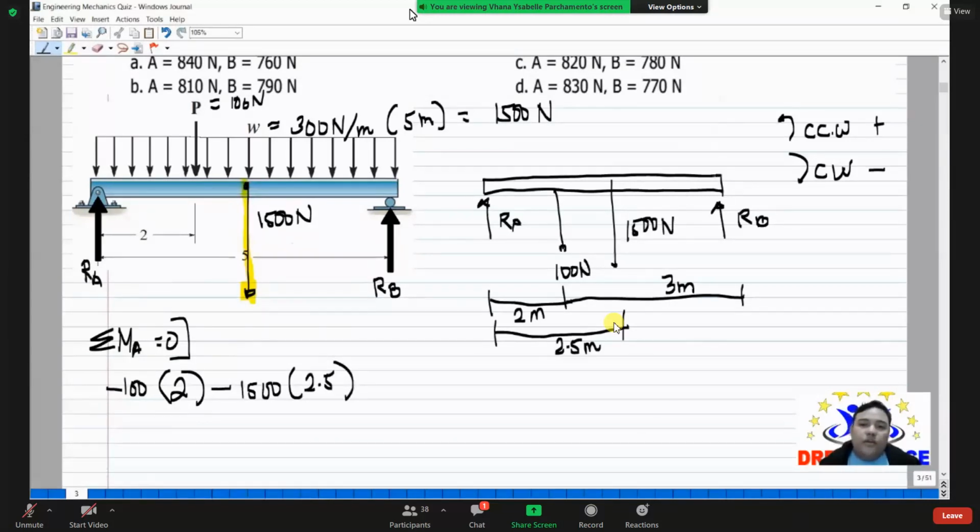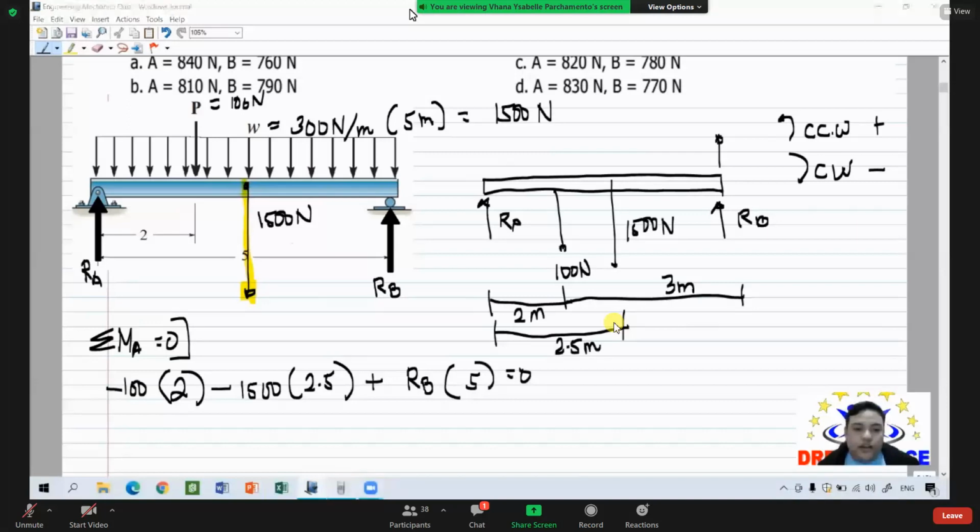Then yung RB natin, itataas natin si RB by principle of transmissibility. Papunta kay A, so that is counterclockwise. Paganyan siya. Ayan. So that is plus RB multiplied by the distance from A, so that is 5, equal to 0.